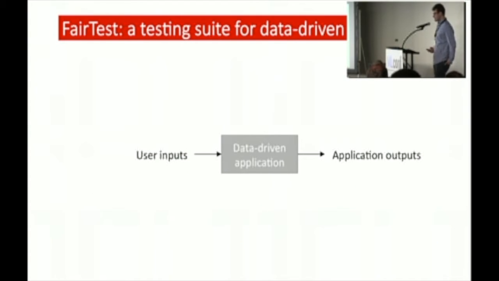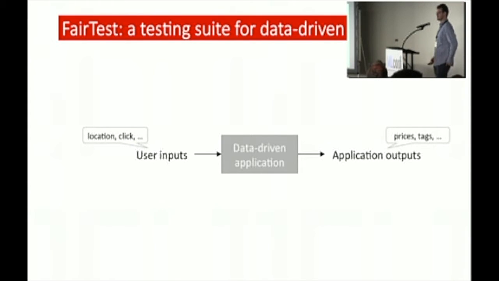So I'm going to give a more thorough description of how FairTest works and some of the algorithms that we use. There's actually nothing extremely fancy used here, which I would say is a good thing, because it probably means that it's going to be easier to use in a general setting. Here we just consider some data-driven algorithm or application that's going to make decisions based on user inputs.